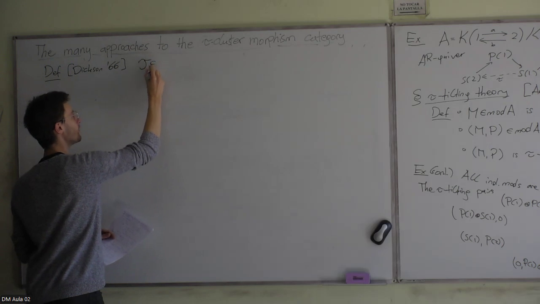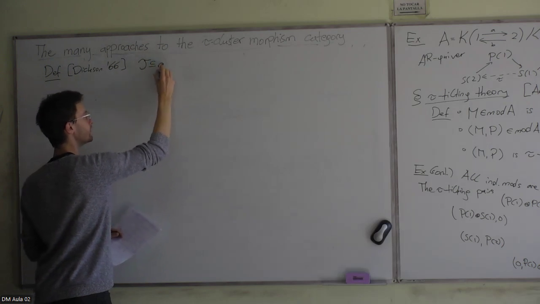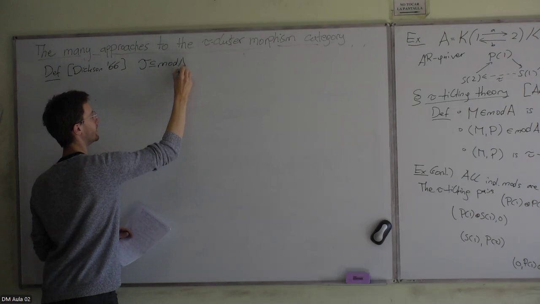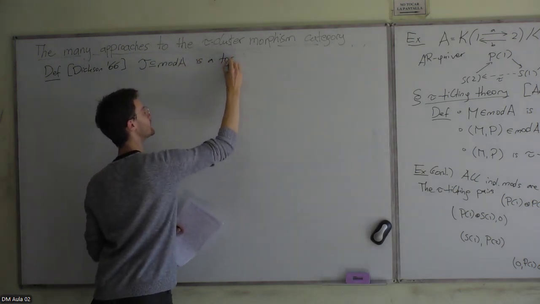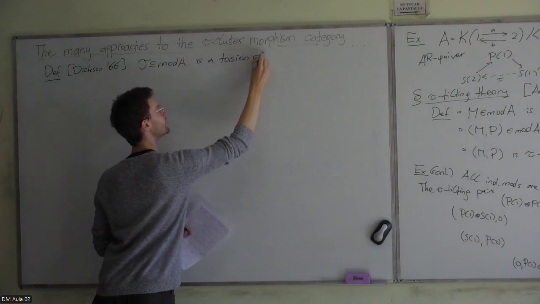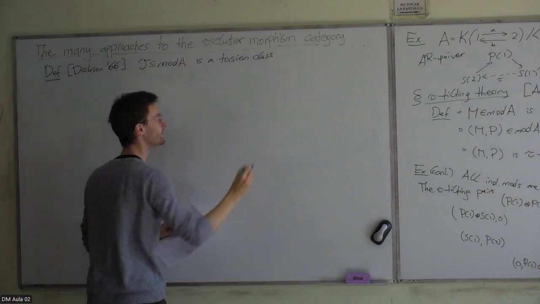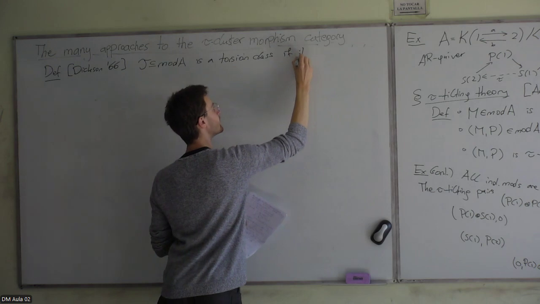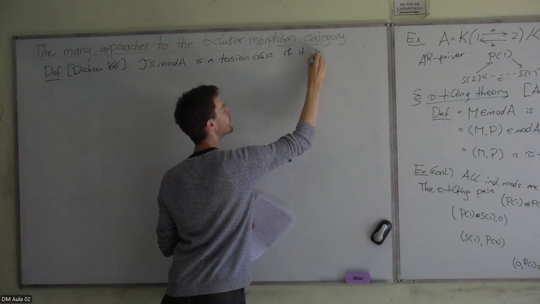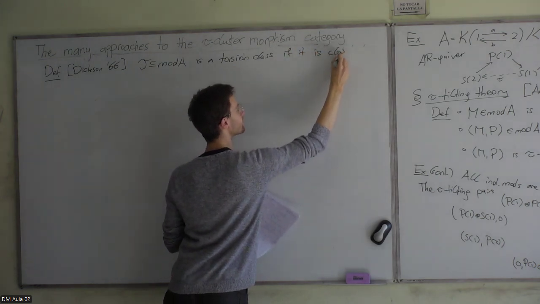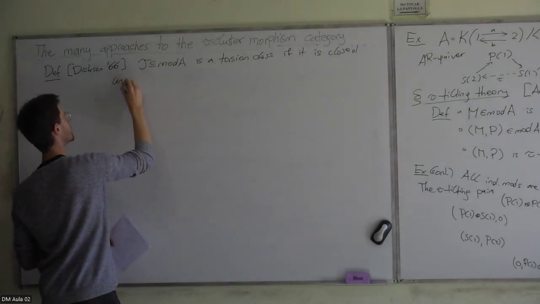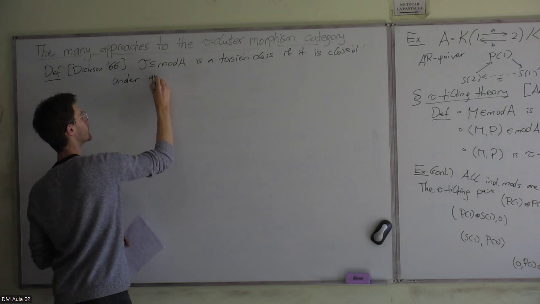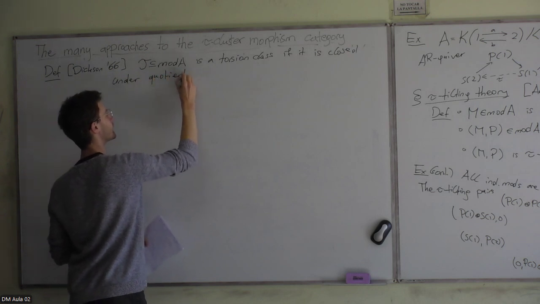And it is that we call a full subcategory T of the module category a torsion class if it is closed under quotients and extensions.